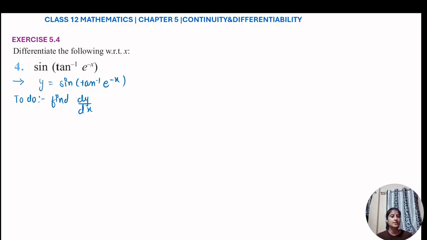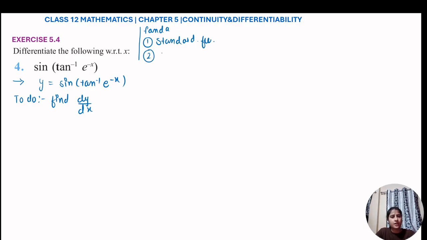Okay, so let's start. See, I have given you the funda in the previous video of how to find our dy by dx. If you didn't watch that video, I will tell you here also what the funda is. First check whether it is a standard differentiation of a standard function or not.